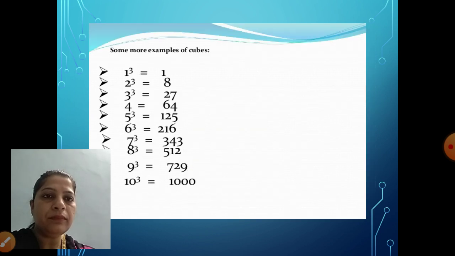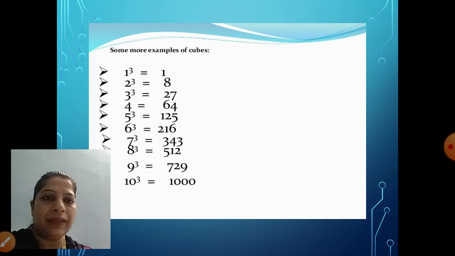Then I have written some examples, and you have to learn them also. At least you have to learn cubes from 1 to 10, and squares from 1 to 30. The cube of 1 is 1. Cube of 2 is 8. Cube of 3, 27. Cube of 4, 64.